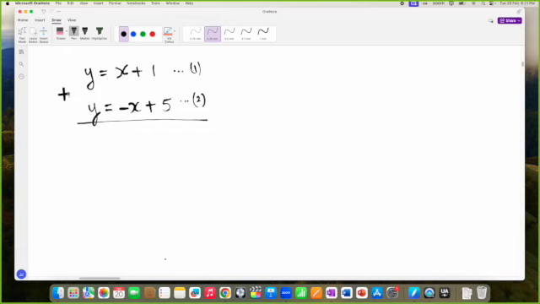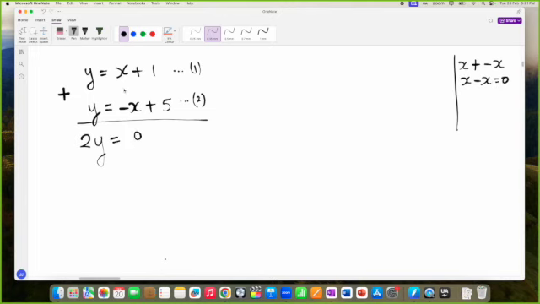y plus y is 2y. But look at what will happen here, and I'm going to put it in the working column. I have x in the first one, and then plus, and in the second one I have minus x. So that is just x minus x, which is 0. So the x's are gone.